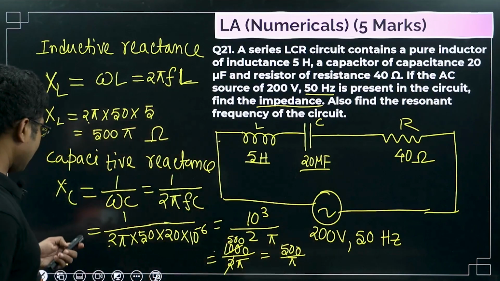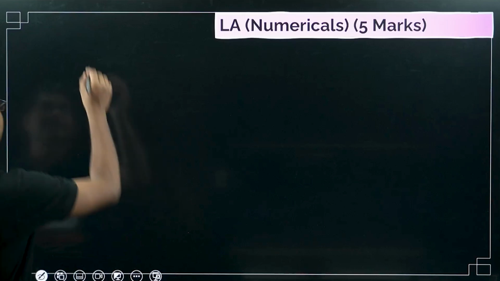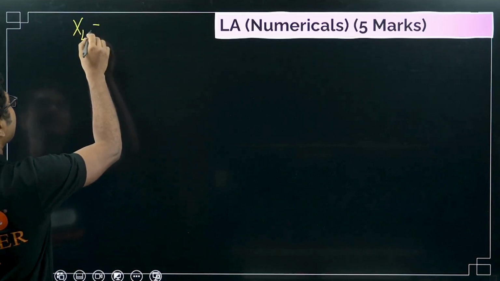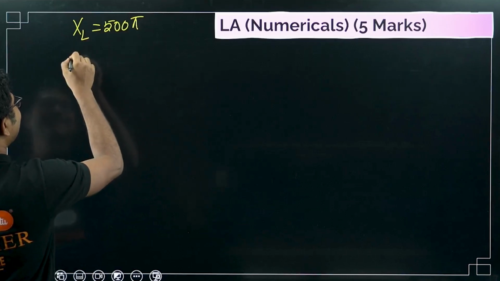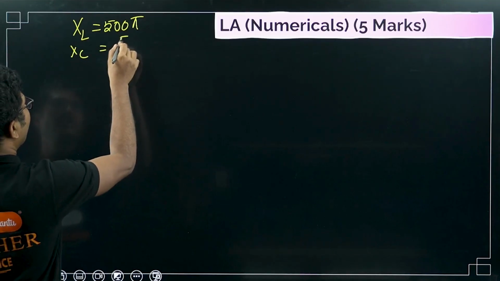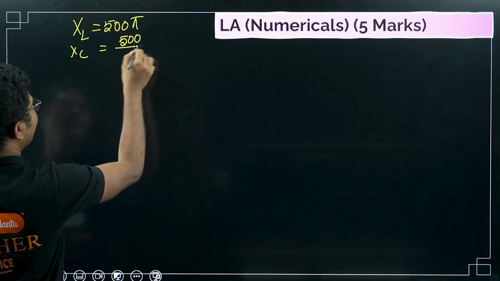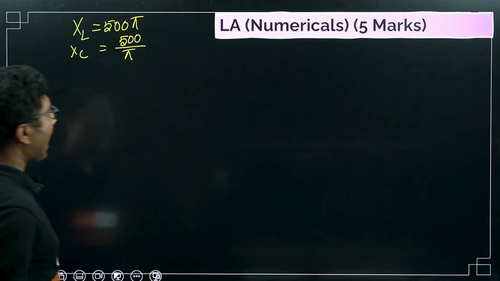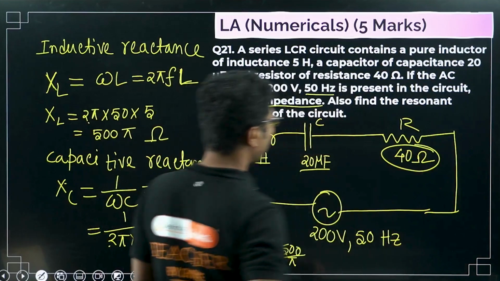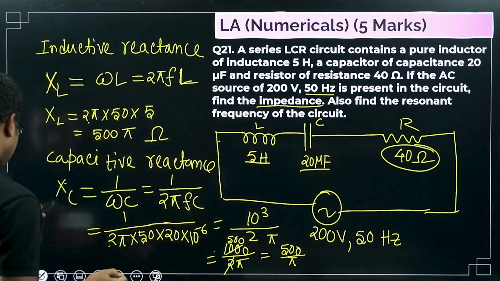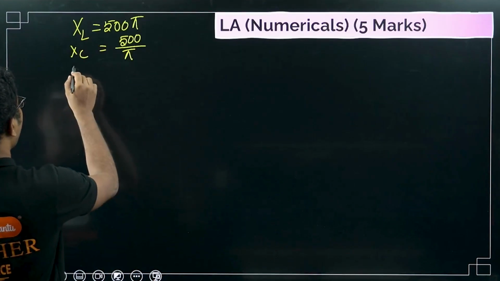So we calculated XC, we calculated XL. XL is 500 pi, XC is 500 divided by pi, and resistance of the circuit is given 40 ohm.